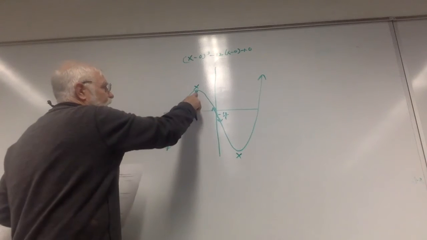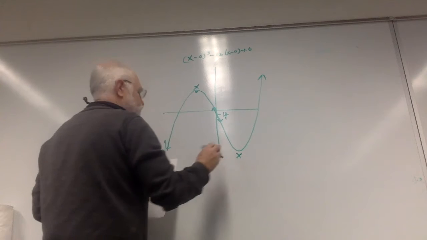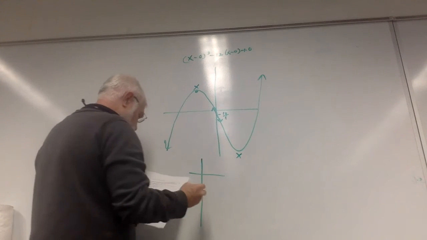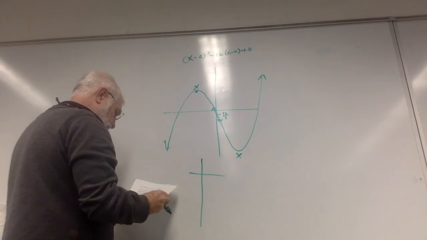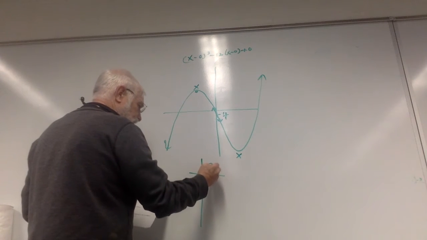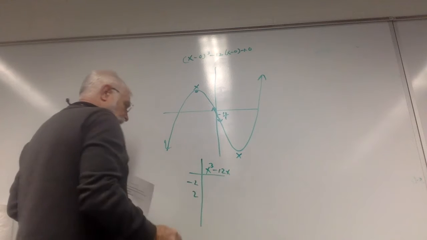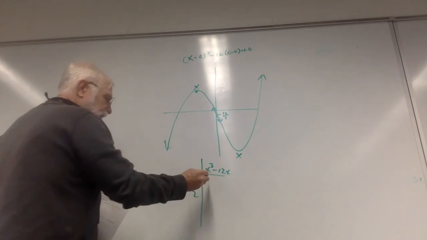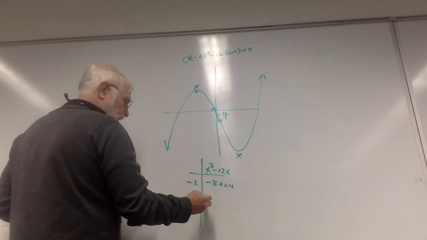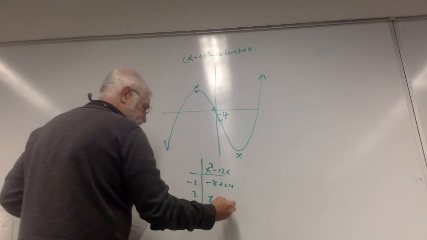So I need this x value and I need that x value. So, well, all I got to do is plug in negative 2 and 2 for x cubed minus 12x. And I get negative 8 plus 24. And here I get positive 8 minus 24.